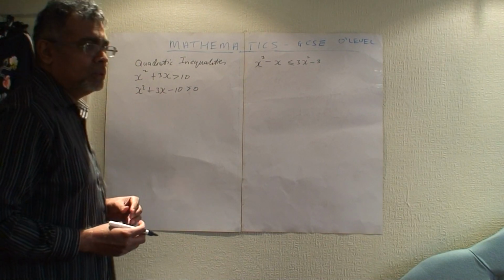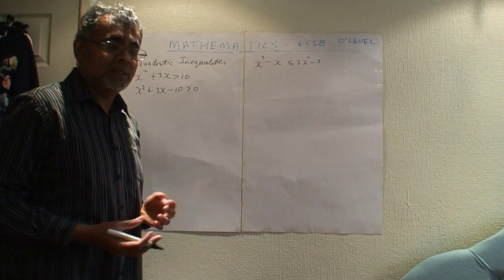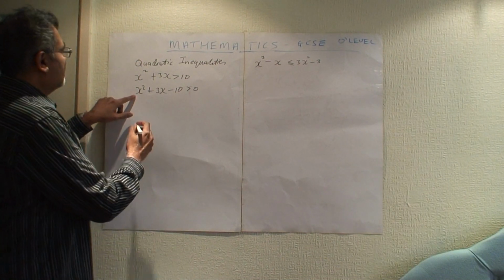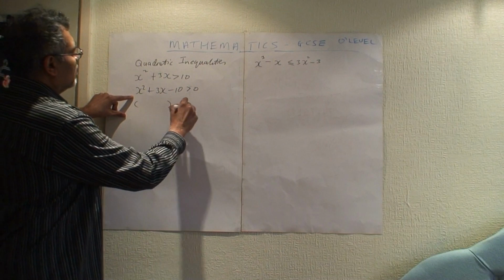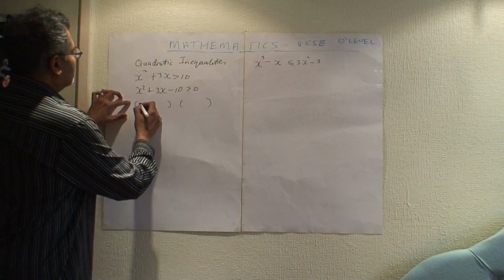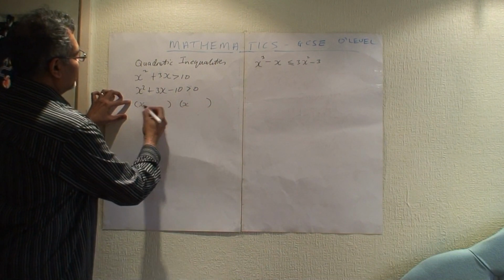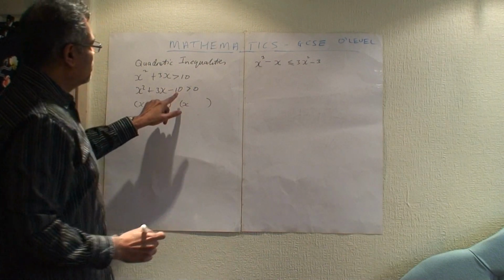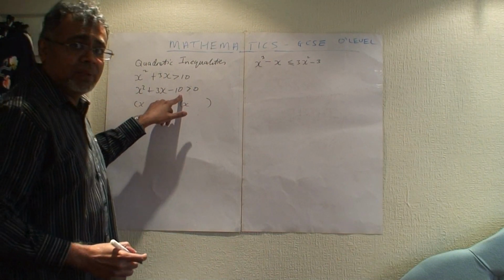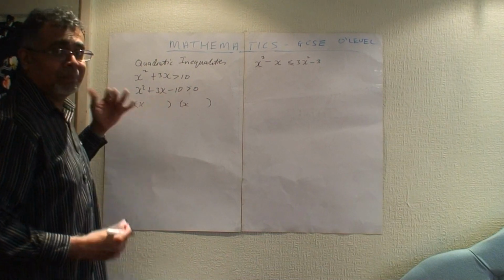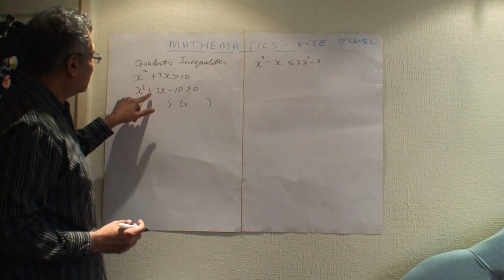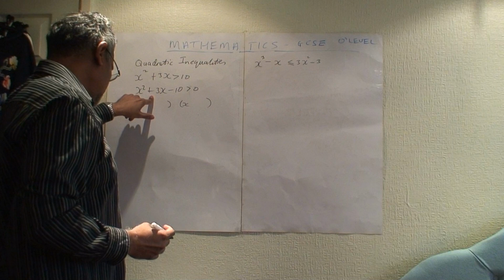Now we need to factorize. We have x squared, so we put our brackets, and x squared means x times x is x squared. So what two numbers, when multiplied together, give us minus 10, and when added, give us positive 3?